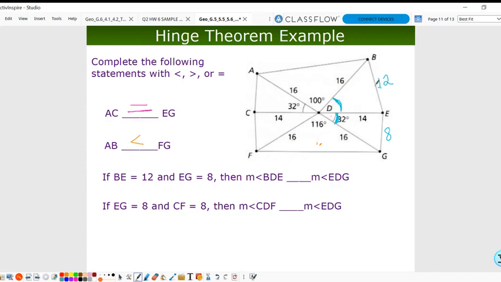Opposite angle D is 12. Opposite of angle EDG, yep, this one here is 32. The side opposite that is 8. That means that this angle here, EDG, is going to be smaller than this angle, BDE. So BDE is greater.